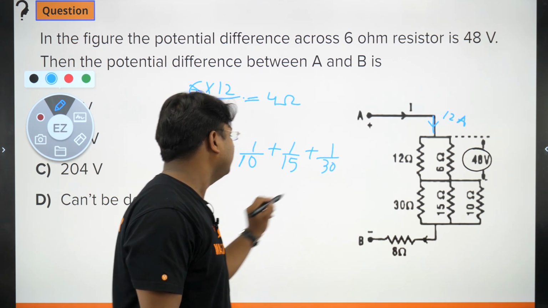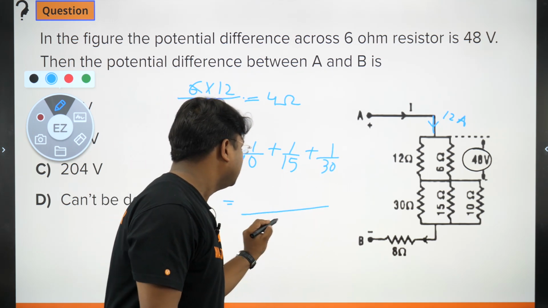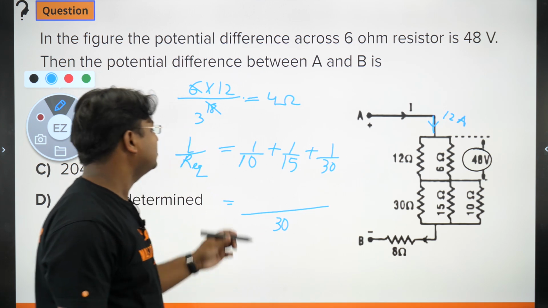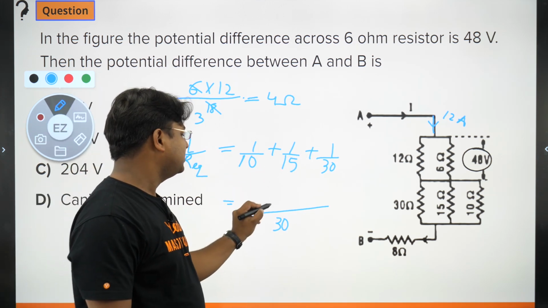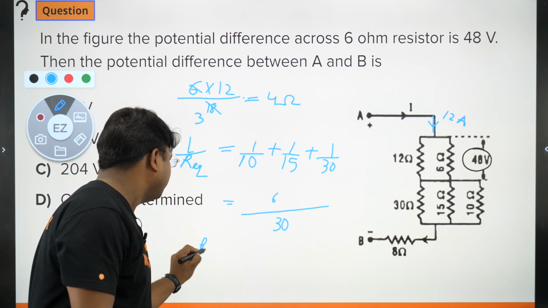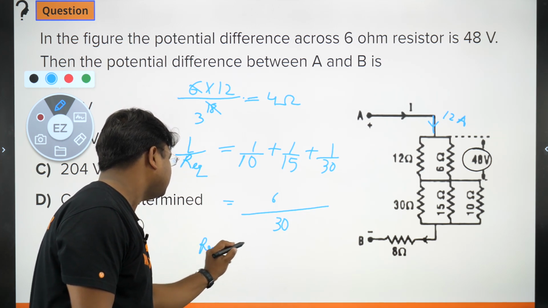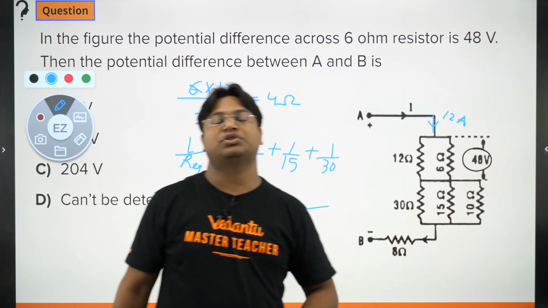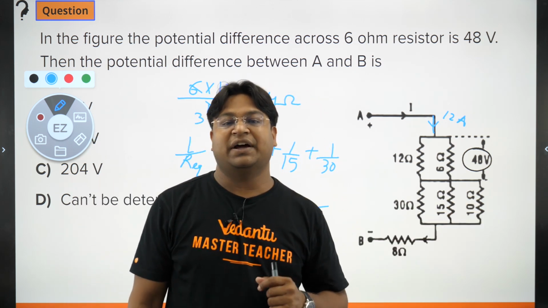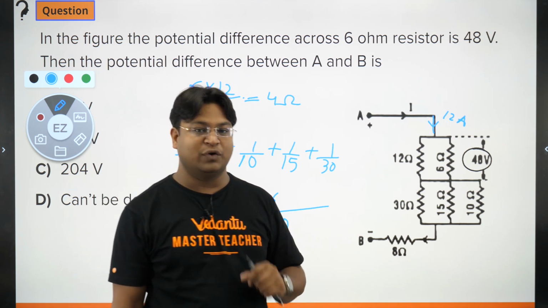Alright, so 30 will become the LCM here. 30 को अगर हम LCM बना दे, so this becomes 3 plus 2 plus 1, which will become 6. So R equivalent becomes 5. Alright, so these three can be reduced to one resistance and the value of that resistance will be 5 ohms.